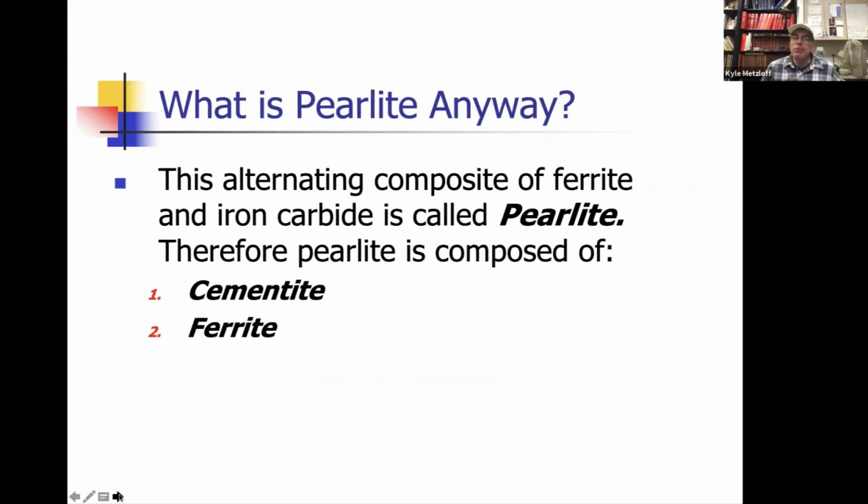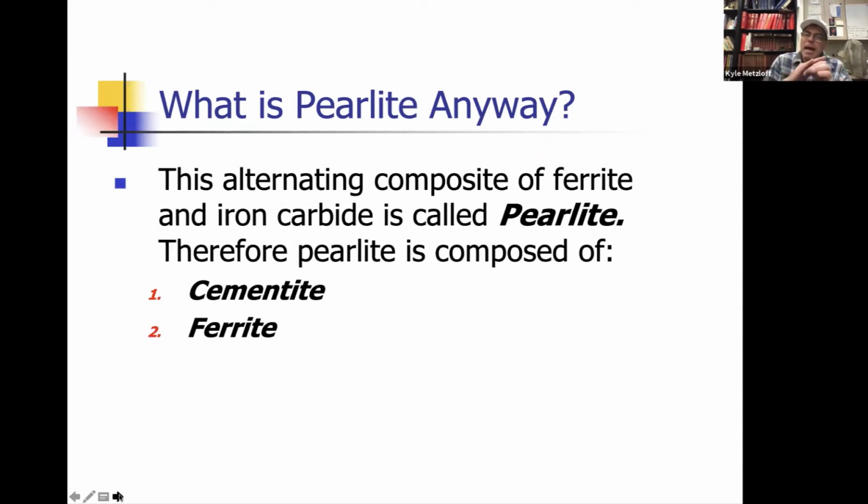Why are they called perlite? If you know anything about diffraction, remember in your physics class you have a lot of little slits, and if the light goes through the little slits, it creates like a rainbow or whatever, it diffracts the light. The same thing happens if you polish a sample of this metal. It'll look absolutely shiny. You won't see anything.